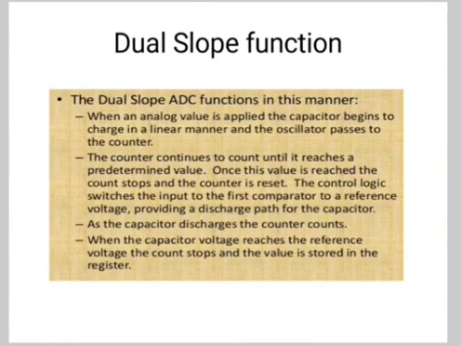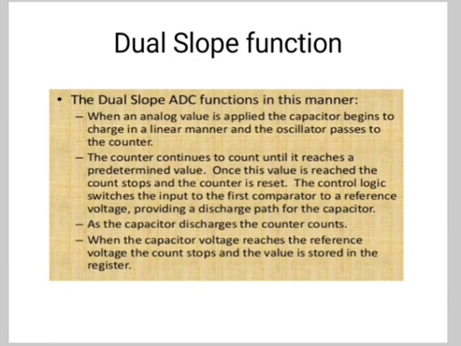So when an analog value is applied, the capacitor begins to charge in a linear manner and the oscillator passes to the counter. The counter continues to count until it reaches a predetermined value. Once this value is reached, the count stops and the counter is reset.